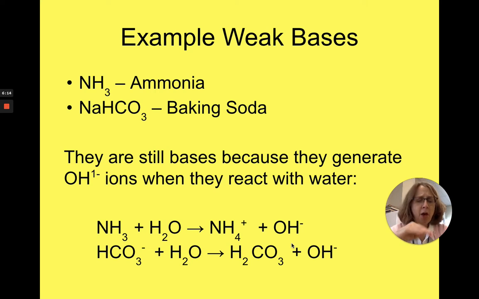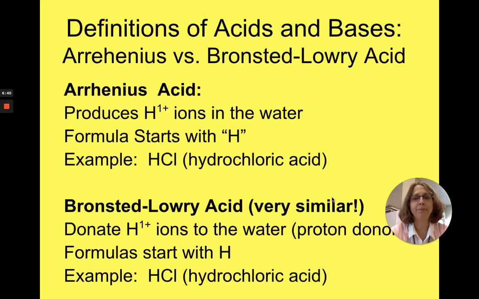So even though you don't see hydroxide in the formula for this base, ammonia, or in the formula for the bicarbonate, what they do is essentially generate hydroxide by taking a hydrogen ion from the water and leaving behind hydroxide. So they too are bases. They are still bases because they generate the hydroxide ions when they react with the water.